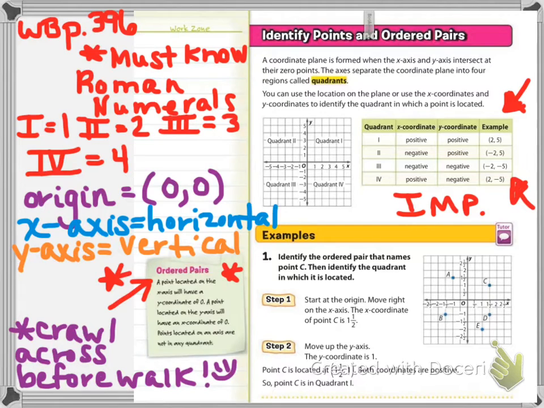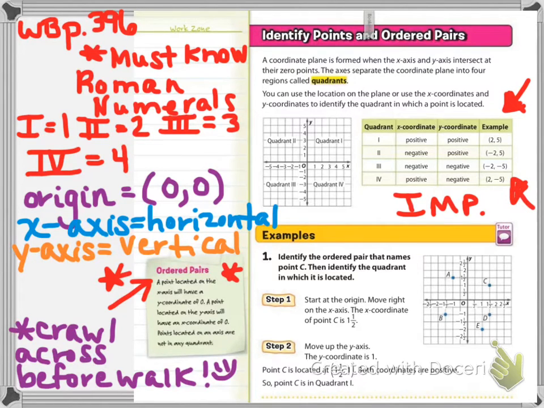Where the 2 points meet in the middle is called the origin, and they meet at 0, 0. The x-axis is the horizontal line, which is going across from left to right. The y-axis is the vertical line, which is going up and down. And you need to remember, as you are plotting points, that x comes before y, which means you are going to crawl across before you walk.